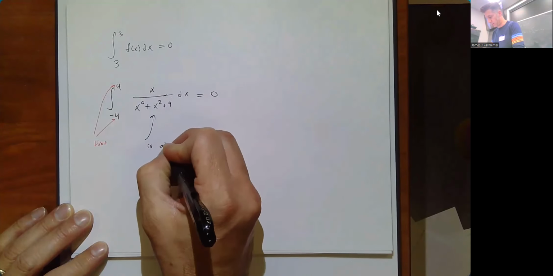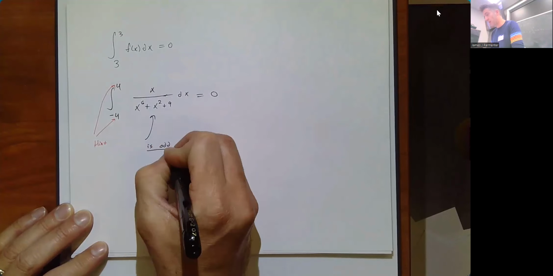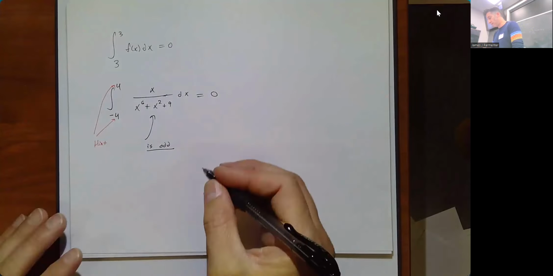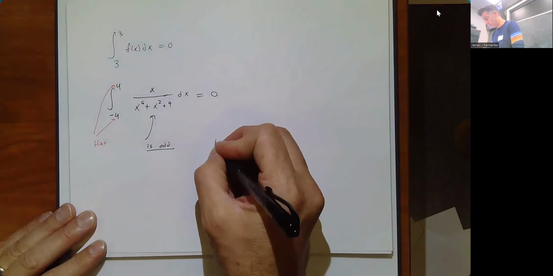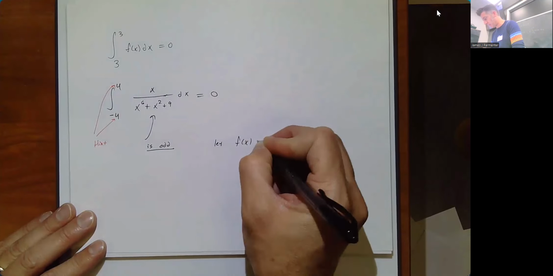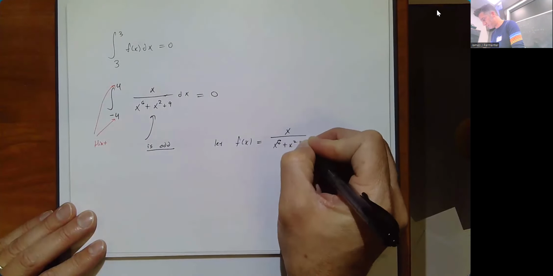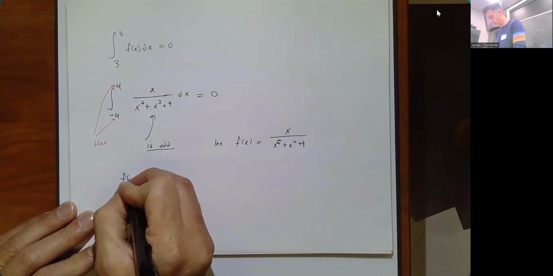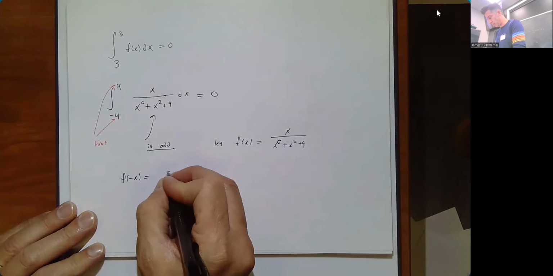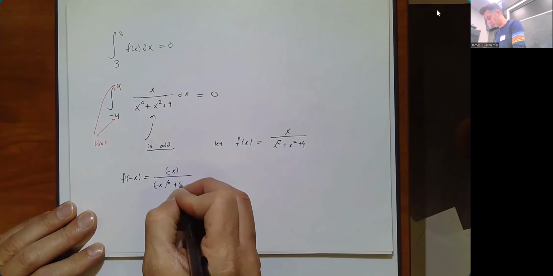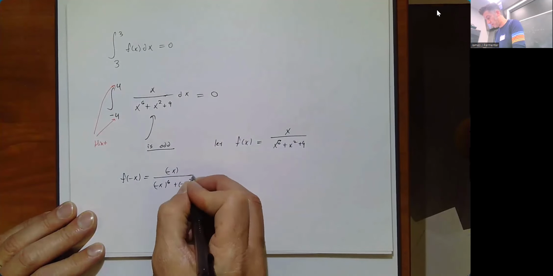Right. Now, I will say, in my opinion, you have to show the function is odd. It's not that terrible. So I would say let f of x equal the function. Then you look at f of -x, which is -x over -x to the 6th plus -x squared plus 9.